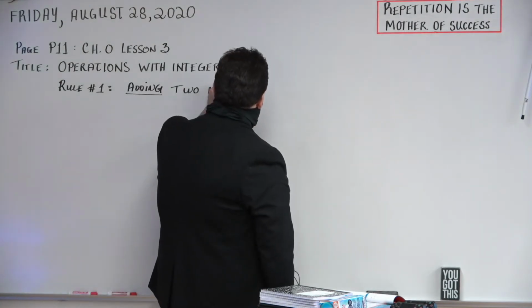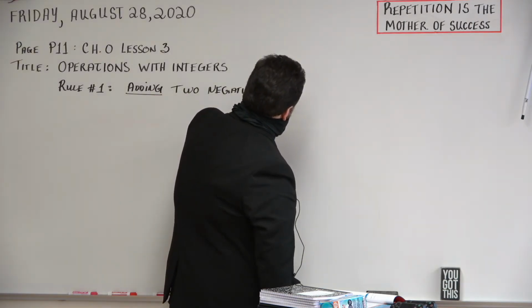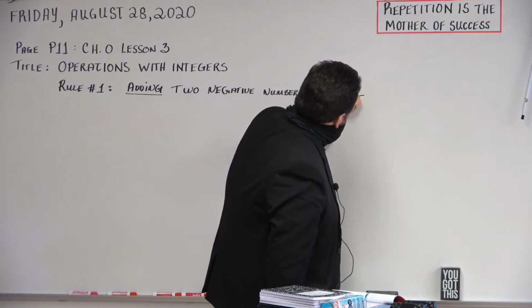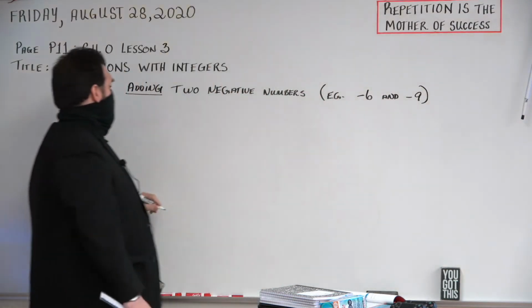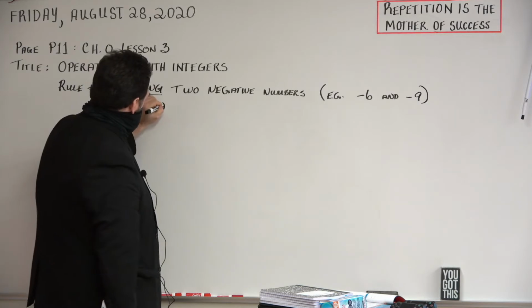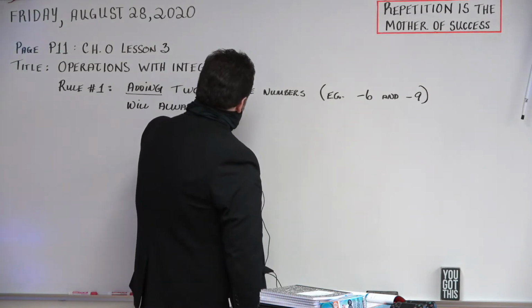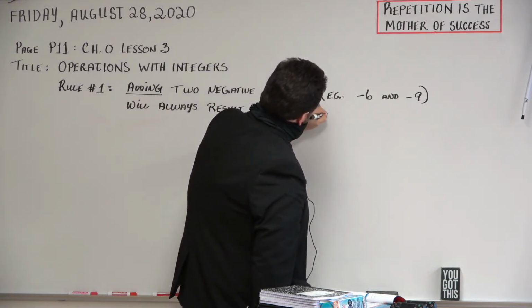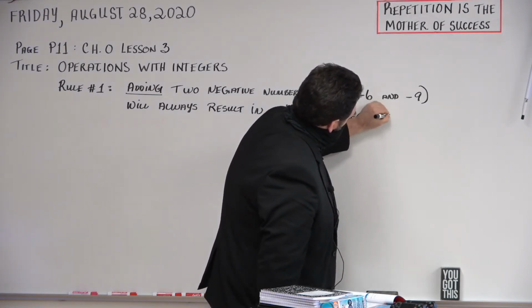Adding two negative numbers, e.g. negative 6 and negative 9, will always result in a, quote, bigger negative number.